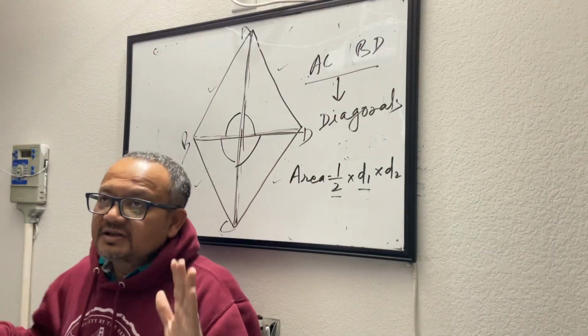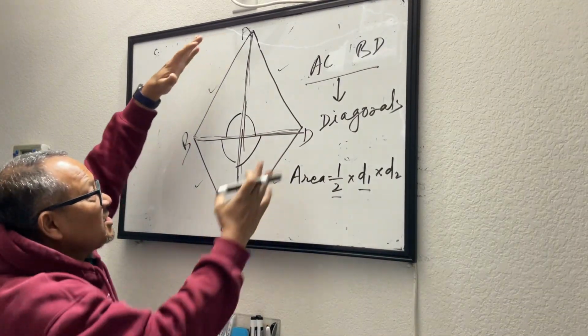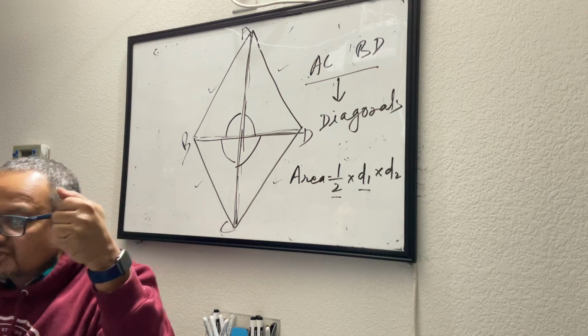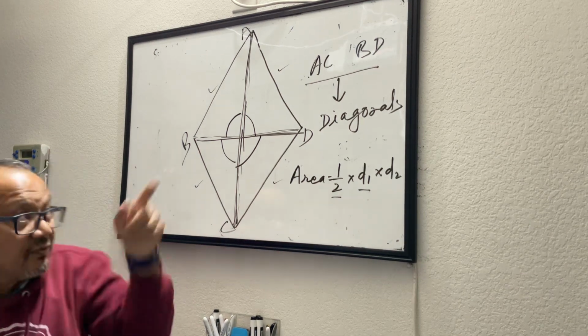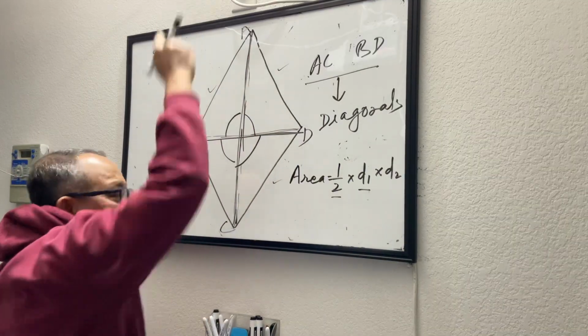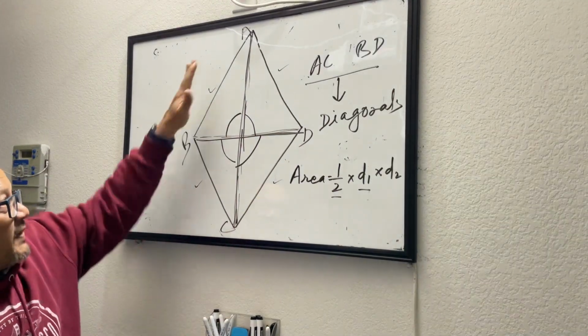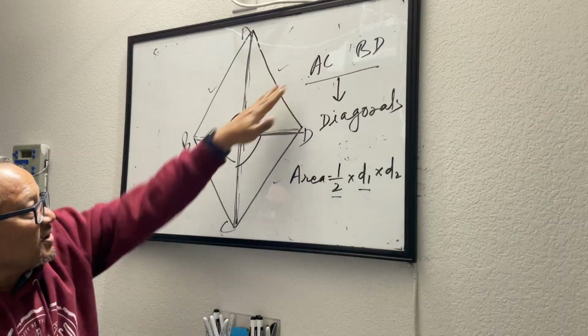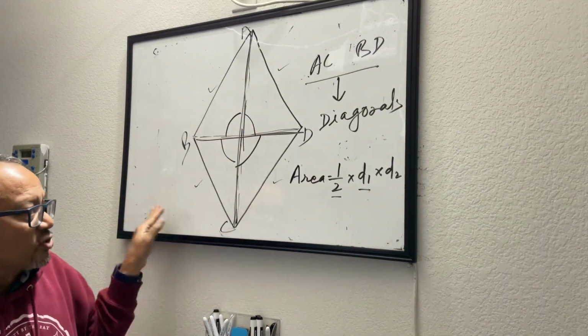Simple thing is, a rhombus is nothing but a squeezed version of a square. Meaning all the 4 sides are of same length, but I squeezed them, became thinner and taller. So, if I have to find out the perimeter, I will add all the 4 sides, which are same, so 4 times this one.